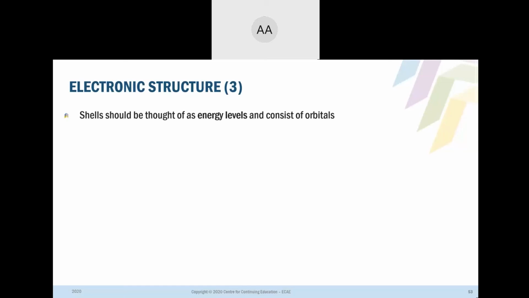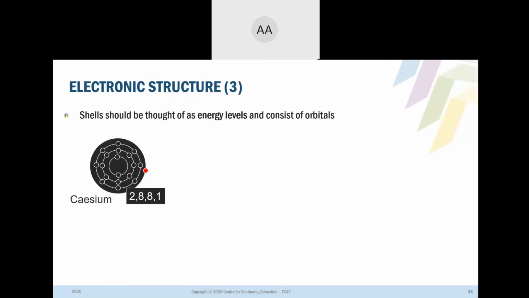So the Lewis dot and cross diagrams, such as the ones you saw earlier on in the slides, there's an example for cesium. We can see the electron configuration is 2, 8, 8, 1, and we see simple dots depicting each electron in each of the energy levels or the shell.